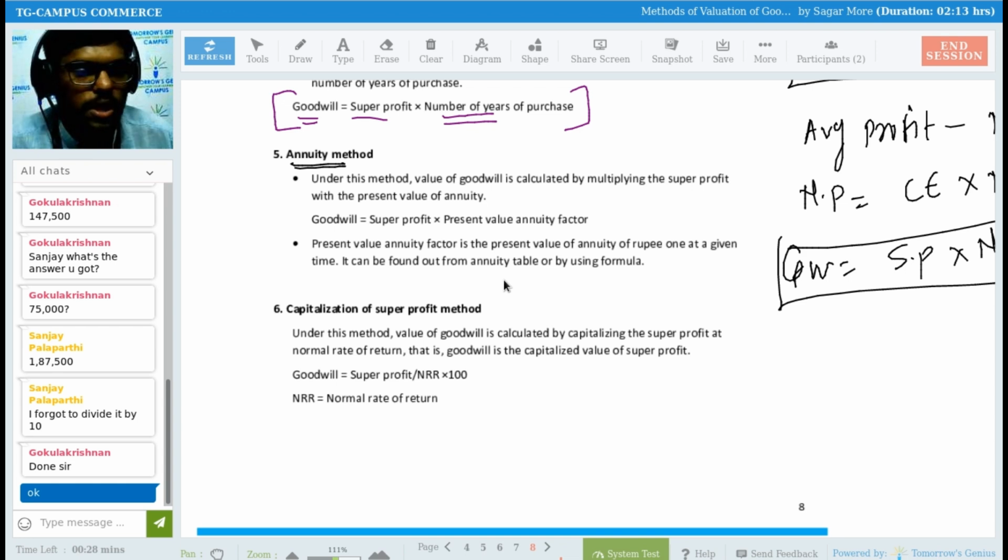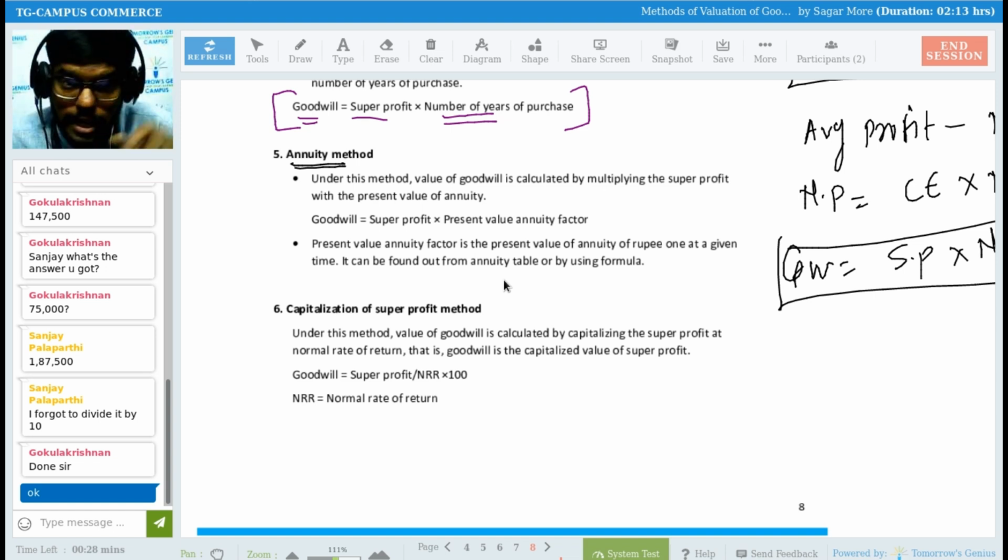Similarly, Sanjay, if I am saying you will be getting 2000 rupees after 2 years, and Gokul, you will be getting 3000 rupees after 2 years.